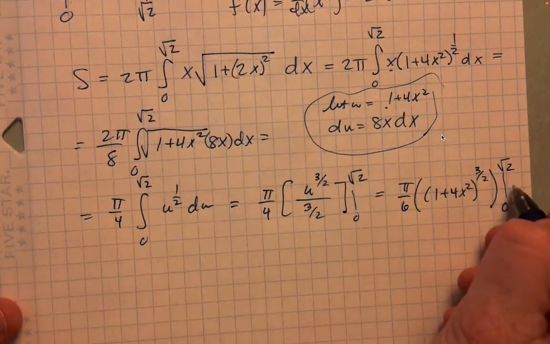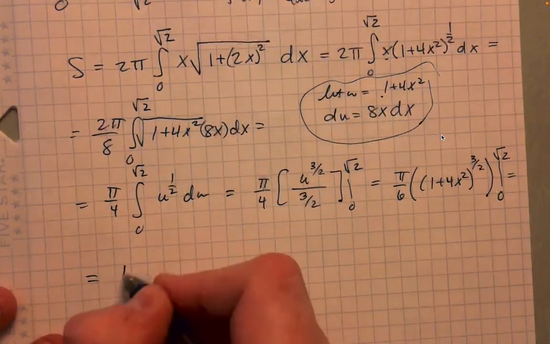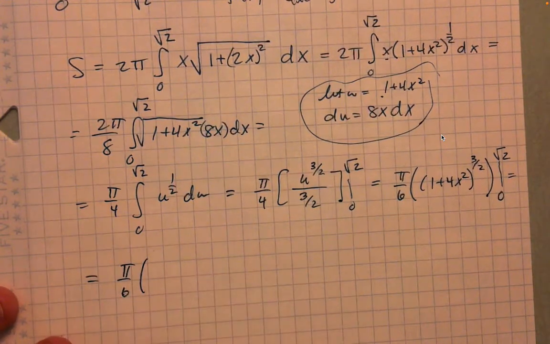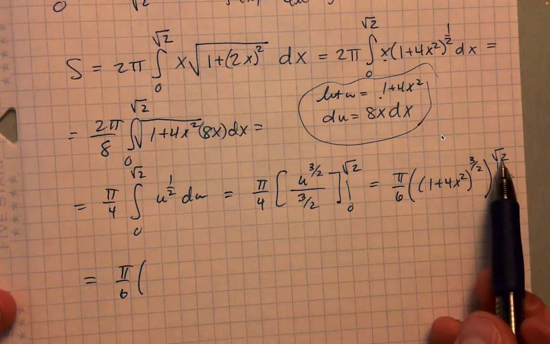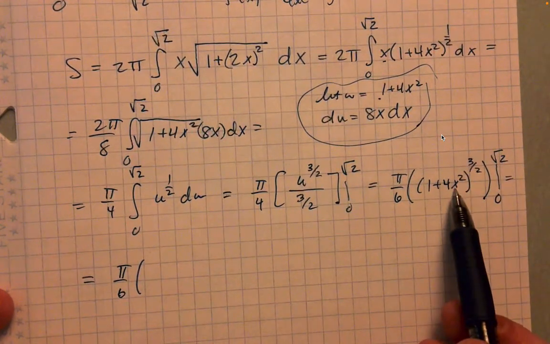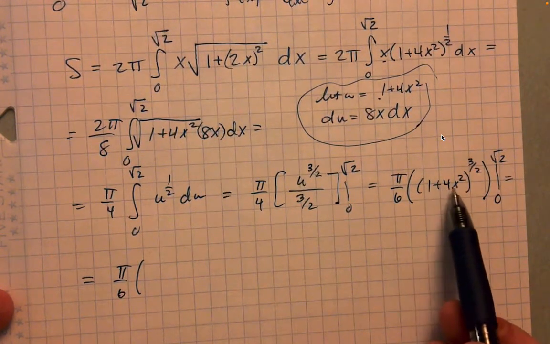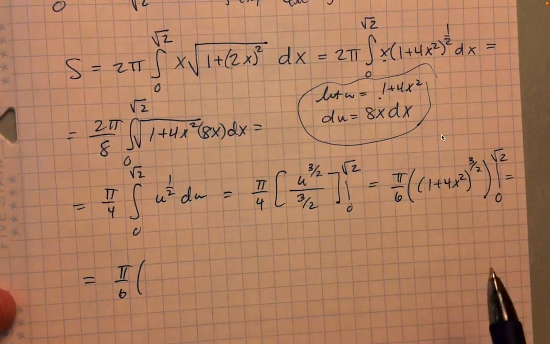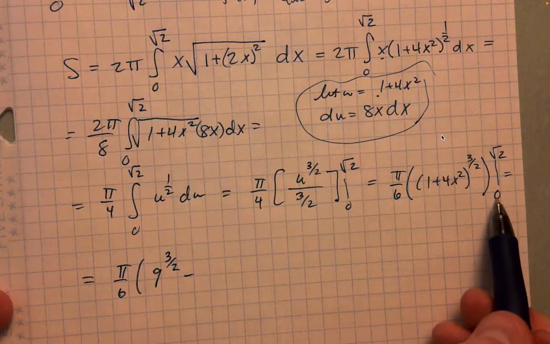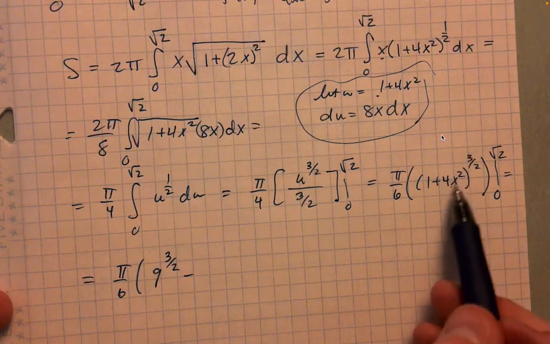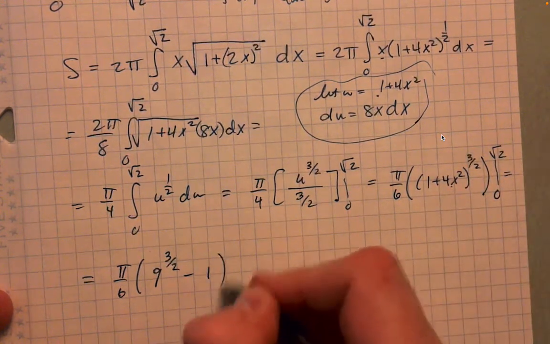Okay, and so finally, what do we get? Well, if we plug in the square root of 2 here, we get square root of 2 squared, so it's 1 plus 8, so it's 9 to the 3 halves power. And then we have to do the same thing for 0. So you plug in a 0, you get a 0 there, so it's just 1 to the 3 halves power, so minus 1.